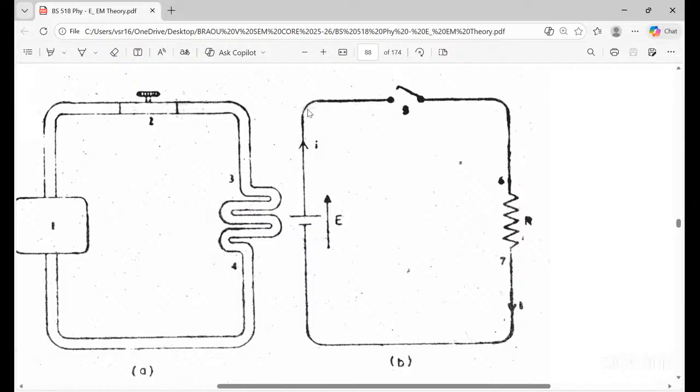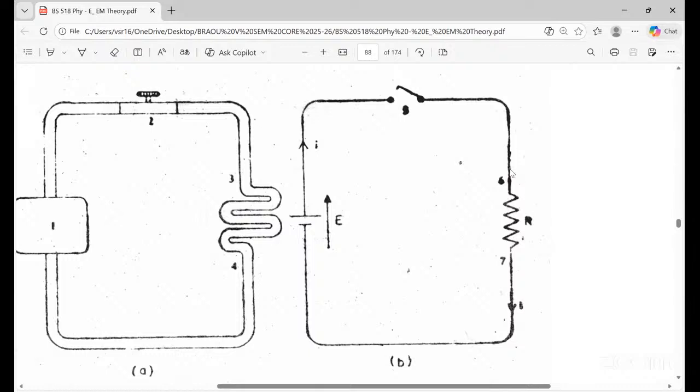In series, a switch S is connected, and in series a resistor is connected, with the other end of the resistor connected to the negative terminal of the battery. How does the current flow in this circuit when the EMF is generated by this source and the switch is closed? Then the current passes through the resistor.